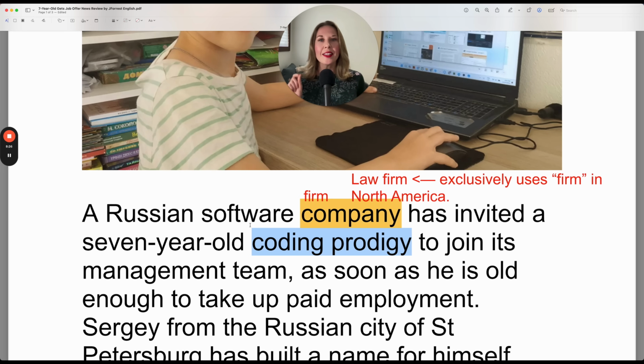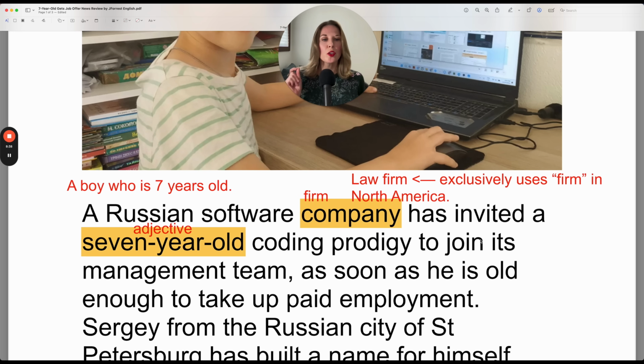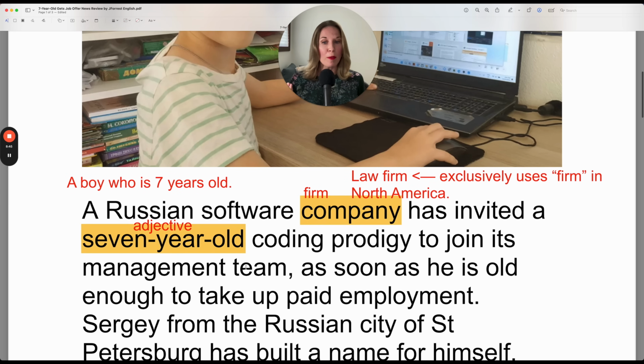So you would add that as if you were using it to describe his age, a boy who is 7 years old. But in this case, it's an adjective, so we don't add that S. Let's continue. "To join its management team." All right, 7 years old, and he has a job offer for a management position.